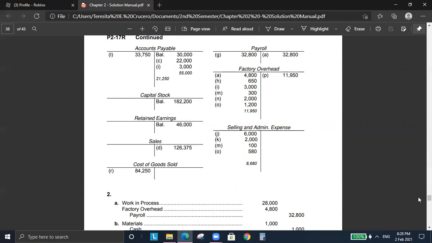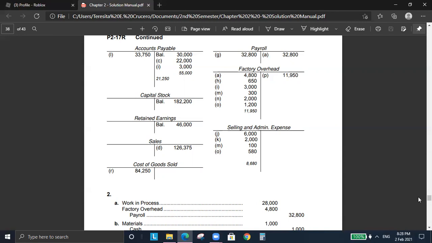If you have your debit and credit, you find the difference. The balance at the end should be placed on the side with the bigger total. For example, for accounts payable, the credit total is 55,000 and the debit total is 33,750.